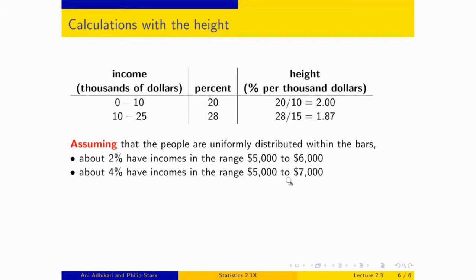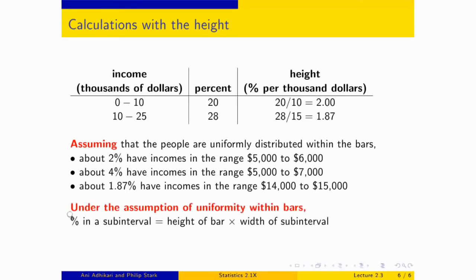This is an interval of width 2. And for each one of those units, you have 2% of the people. And so then 4%. If you look at the next interval, then in the range $14,000 to $15,000, that's a $1,000 increment in the second interval. You have 1.87% of the people, roughly. And to summarize, if you assume uniformity within bars, which may or may not be a good assumption, then you can figure out the percent in subintervals.